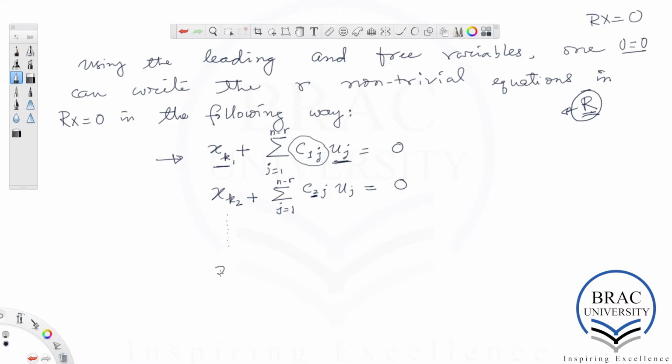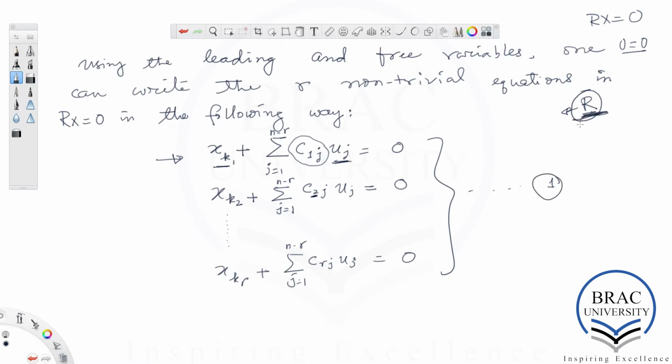Similarly, we go all the way down to x sub kr plus the sum over these numbers Crj uj, j running from 1 to n minus r, and this is equal to 0. We set it to 0, and this is the system that reads off from this matrix R.